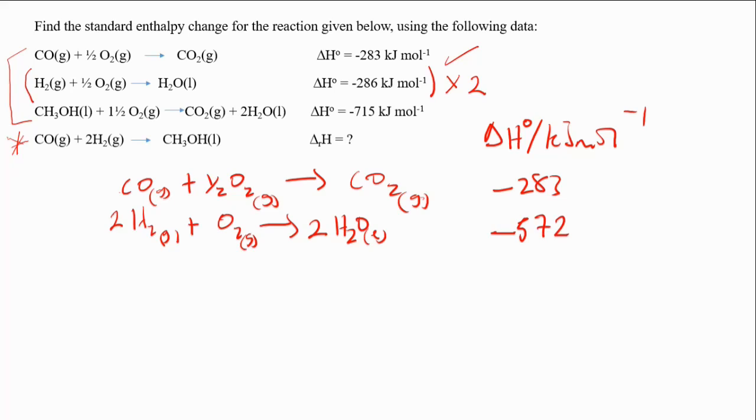All right, good. Now we only have one thing left, and this is liquid methanol. Look at it, we only have one equation left to check. And that one equation does contain methanol in the right number of moles, but it's not on the correct side.